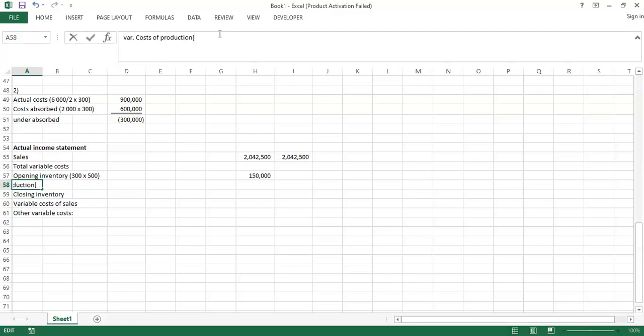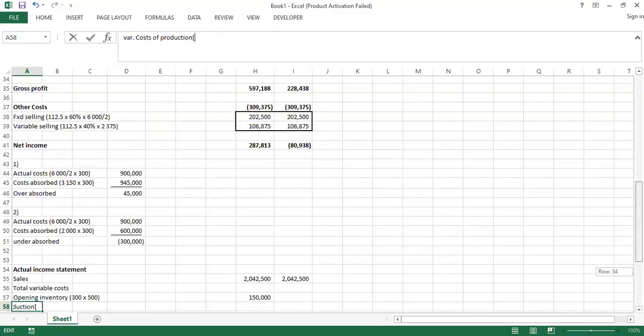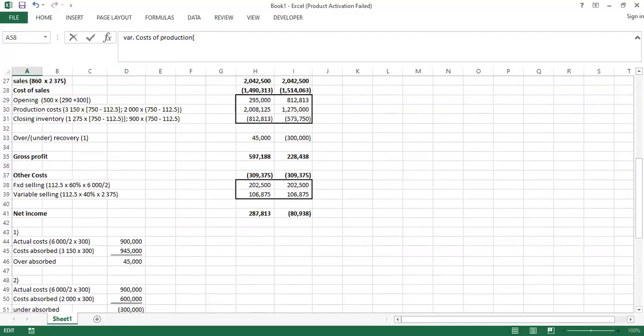So let's fetch the figures from the top. It's going to be 3150. We're multiplying that by 750, which is the total cost, and then we remove the non-manufacturing cost, and then we remove again the fixed cost there. That's for the first part. The second one is going to be 2000.